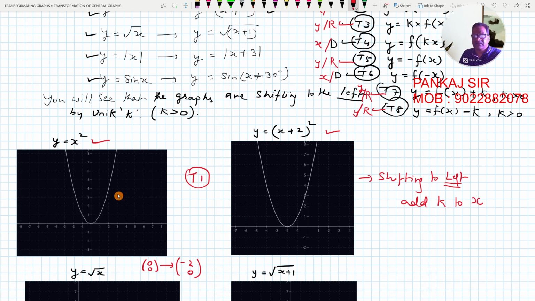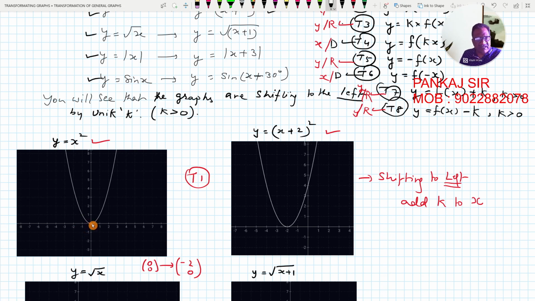Now, I have shown you this with respect to the parent function y is equal to x square. One more thing you can see here. Don't just see that there is a shifting taking place. You can always take any one or two points on the graph and see what is happening to that point as well. Suppose in y is equal to x square, the parent function, you are taking this particular point, the vertex.